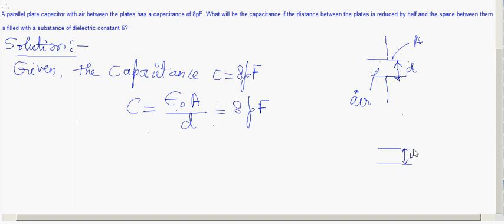The new D is D by 2 because it is reduced by half, and the area remains the same, and it is filled with a dielectric with K equal to 6. So what is the new capacitance value?